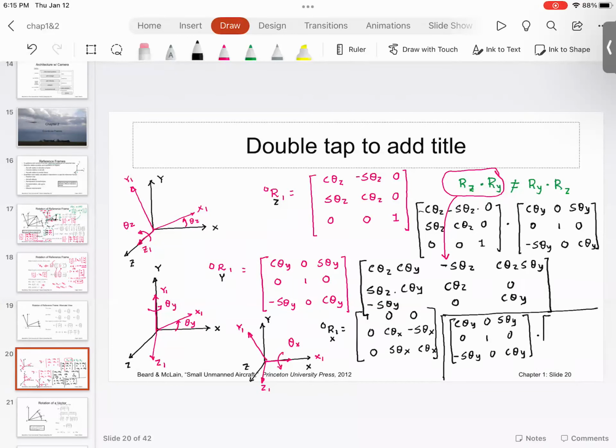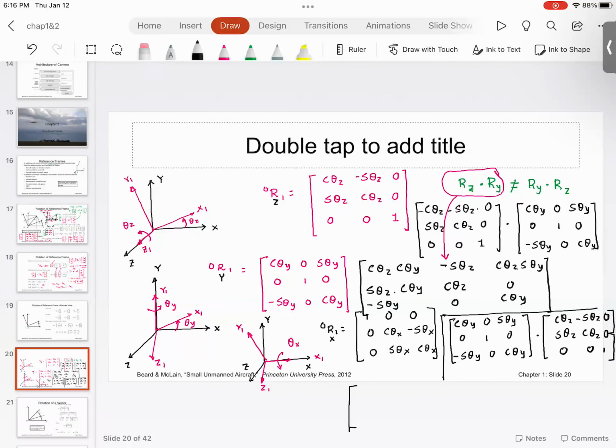Multiply this by cosine theta z, minus sine theta z, 0, sine theta z, cosine theta z, 0, 0, 0, 1. And I'm going to write this product somewhere here. Hopefully, I will get a nice space to write this.